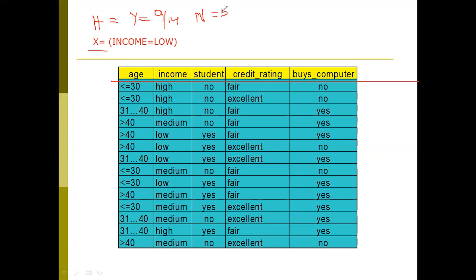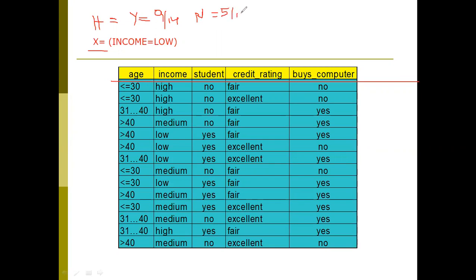The same calculations we would perform in the decision tree algorithm, right? So n by 14.